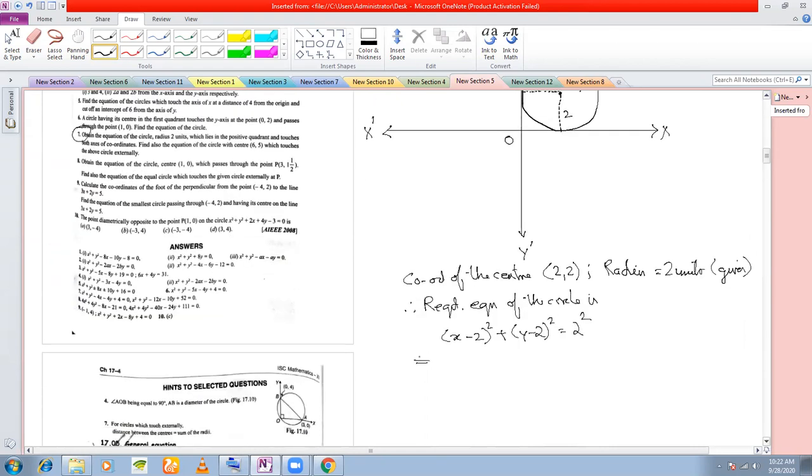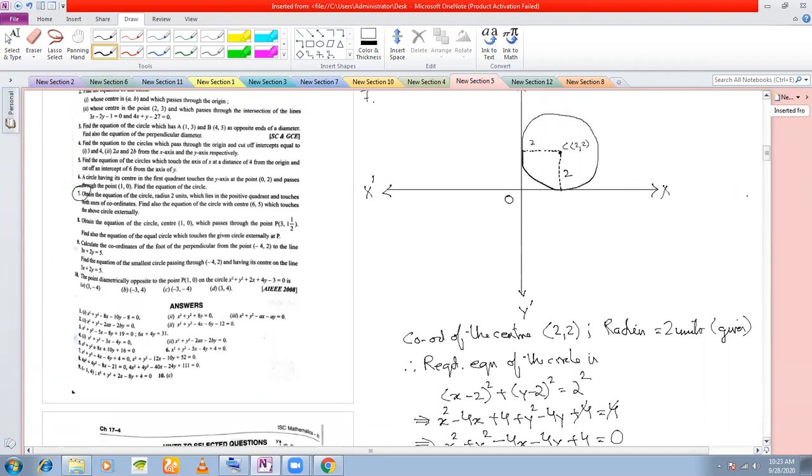Simplify this: x square minus 4x plus 4 plus y square minus 4y plus 4 is equal to 4. These two cancel. You simply get x square plus y square minus 4x minus 4y plus 4 is equal to 0. So this is the equation of your circle.